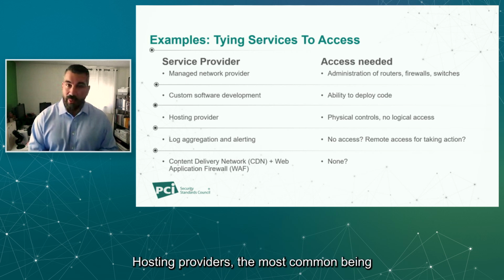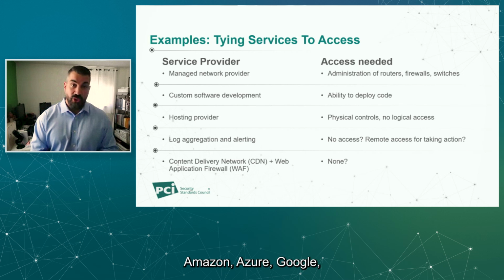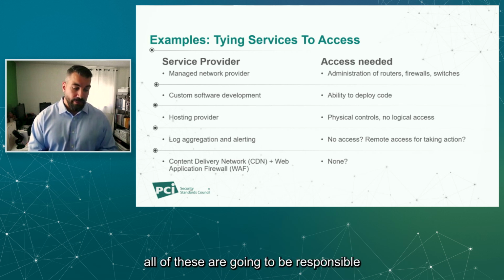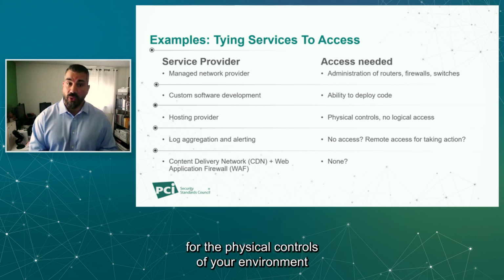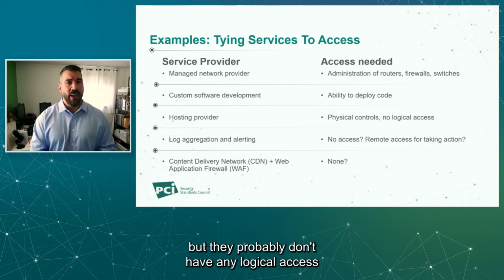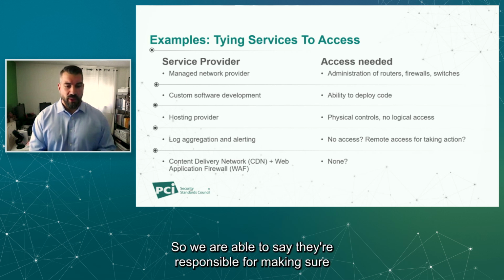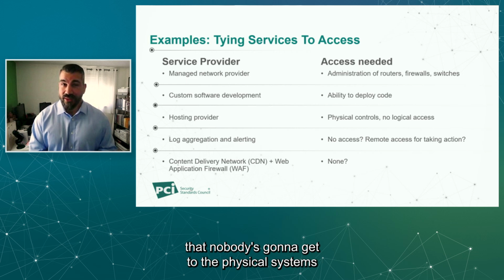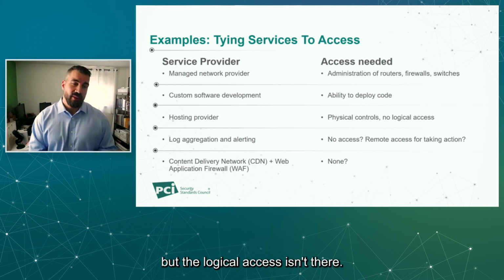Hosting providers, the most common being Amazon, Azure, Google, Oracle, all of these are going to be responsible for the physical controls of your environment, but they probably don't have any logical access to that environment. So we are able to say they're responsible for making sure that nobody's going to get to the physical systems, but the logical access isn't there.